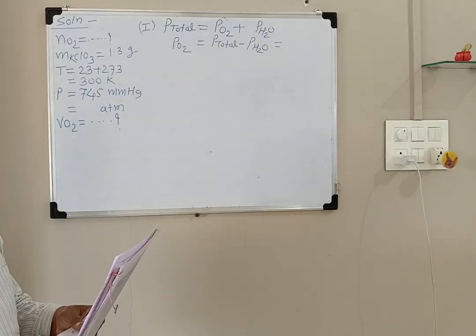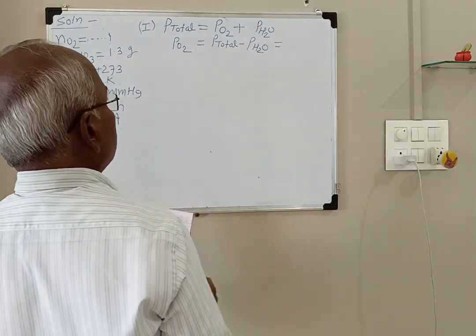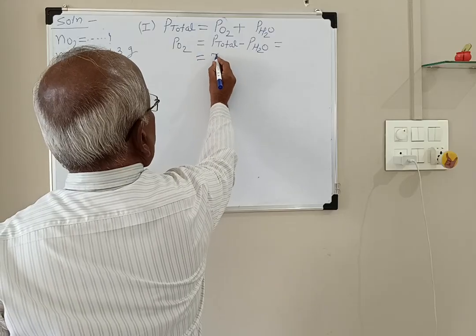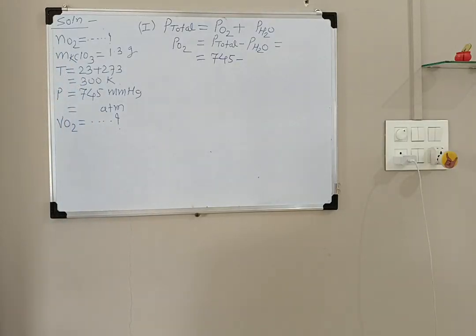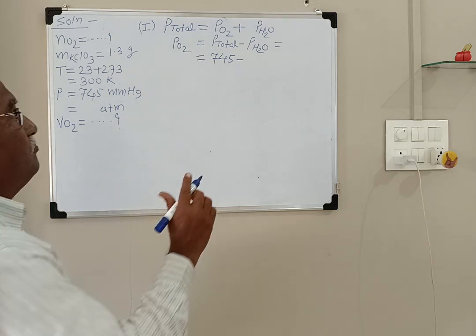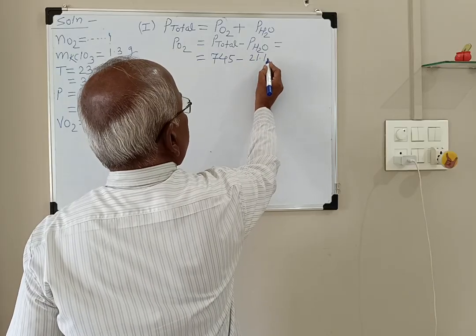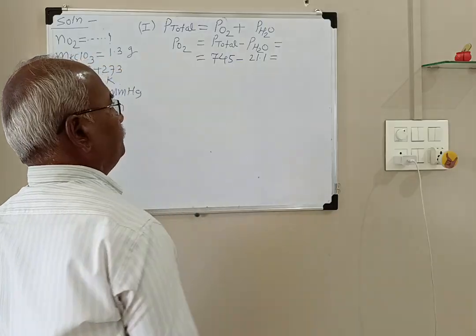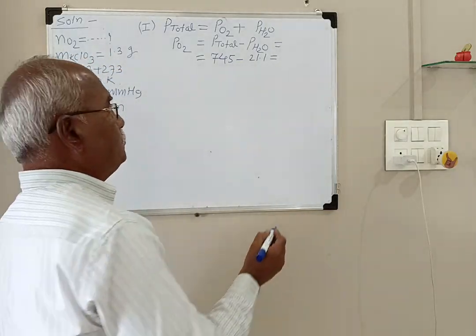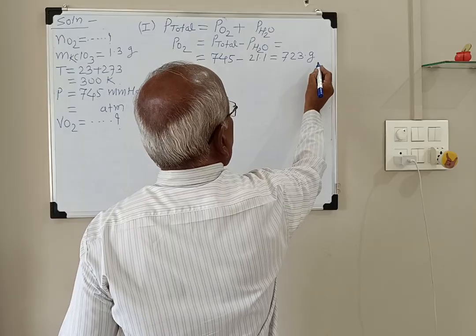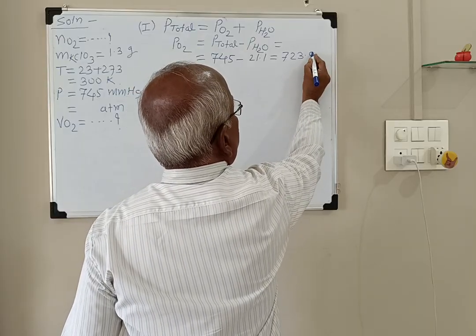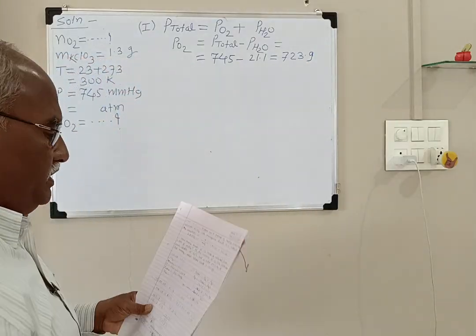So I write here that is equal to 745 minus the partial pressure of water, the value I have taken from the table given in your textbook, that is 21.1. That is equal to 723.9 mmHg.